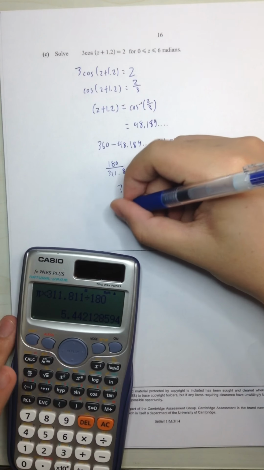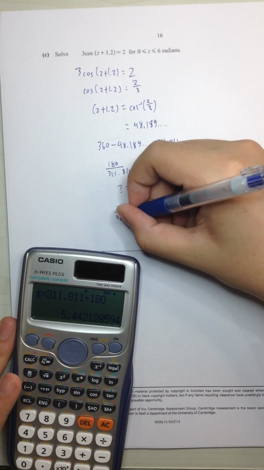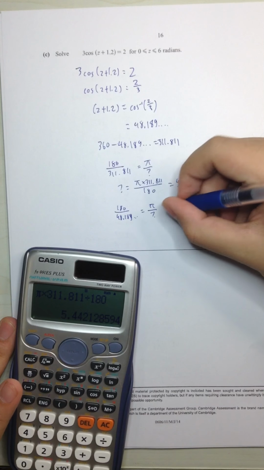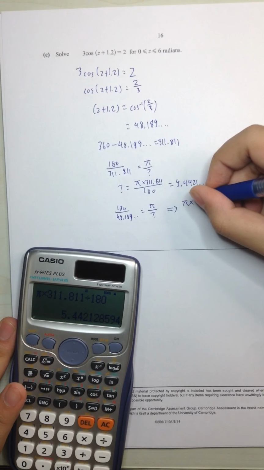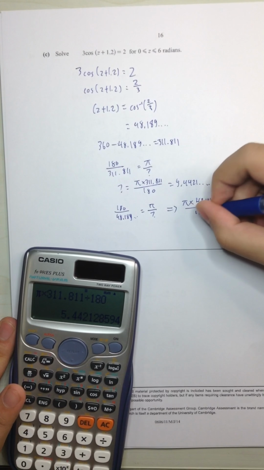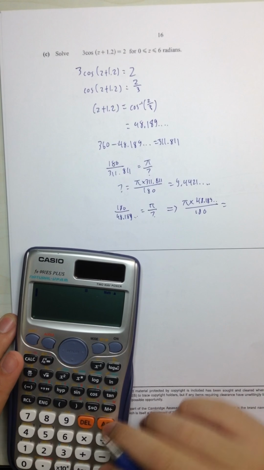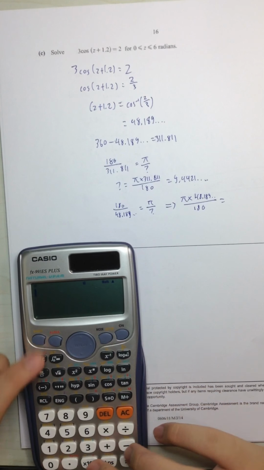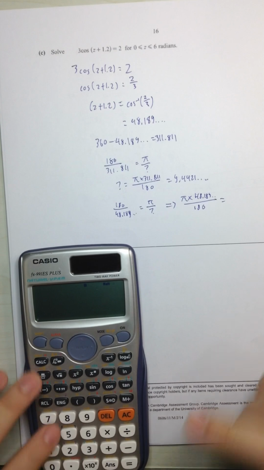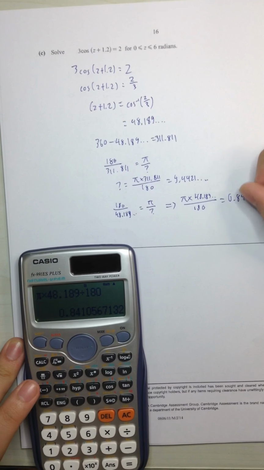Also, it's the same for 48.189. So it becomes pi times 48.189 over 180, which is equal to 0.841056.